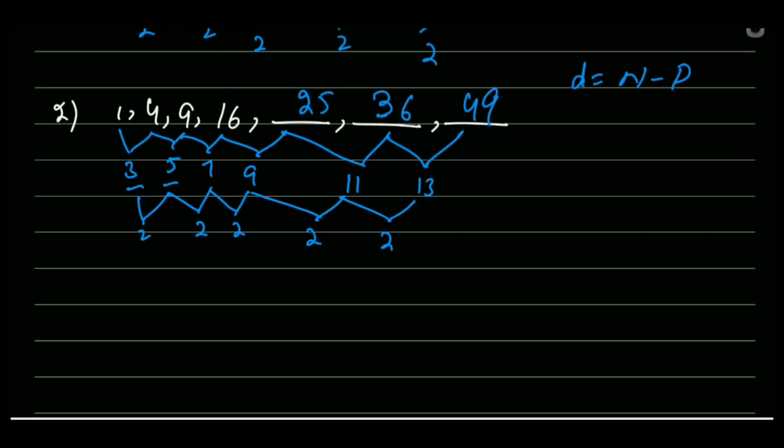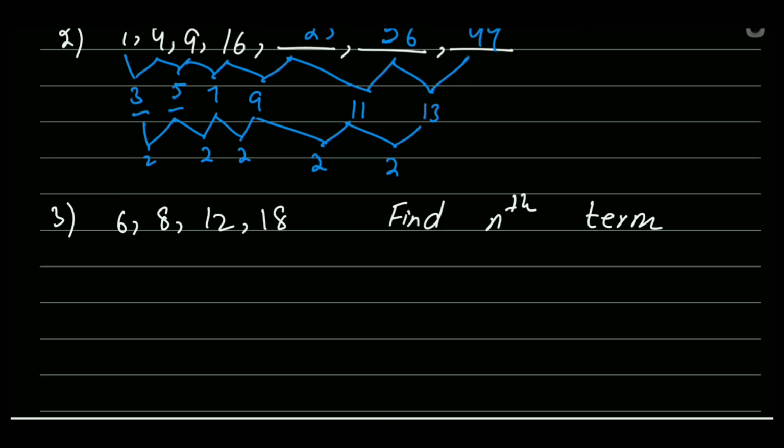In the previous two examples we just had to find the next terms. But in this question, 6, 8, 12 and 18, the difference between the first two terms, 8 minus 6, is 2, 12 minus 8 is 4, 18 minus 12 is 6. The first difference is not the same, so we find the second difference, 2, 2.